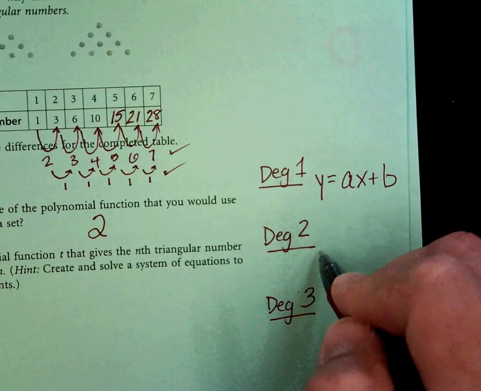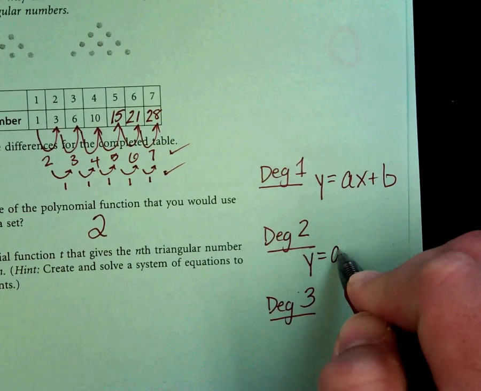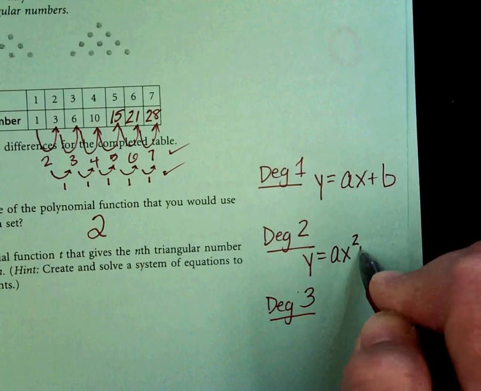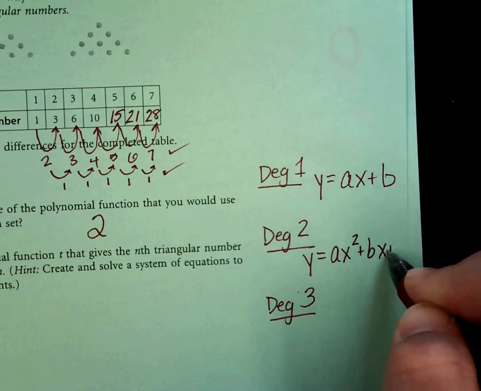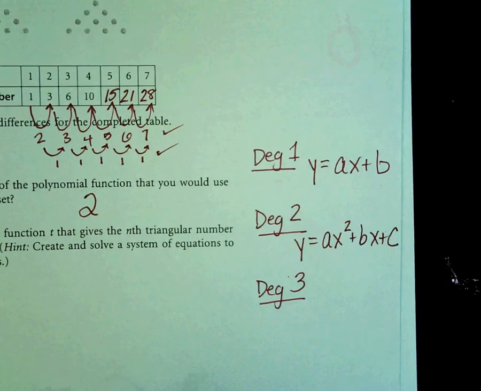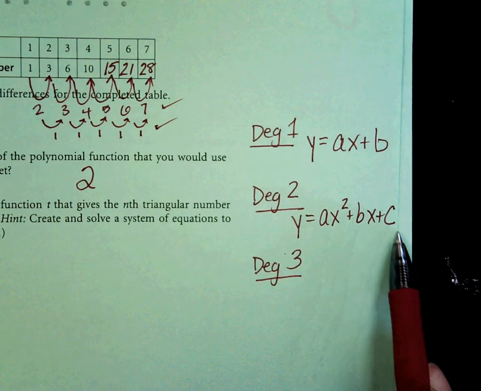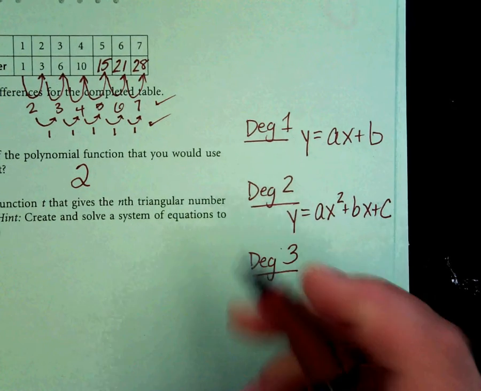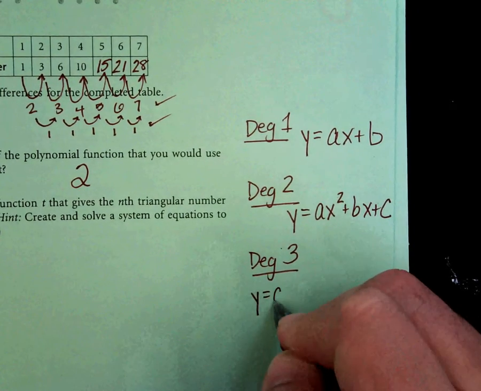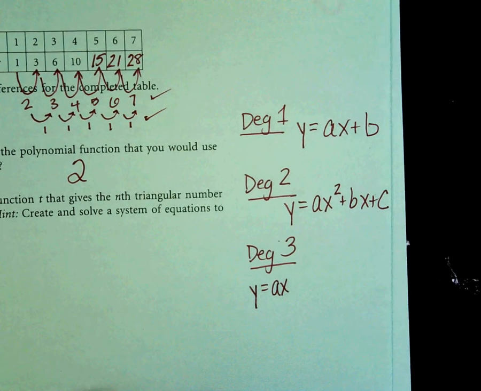If it's degree 2, it's going to be ax squared plus bx plus c. So when the degree goes up 1, you have to add an exponent and then tack a c on the end. Well, if it was degree 3, it would start with ax, what comes after 2? 3.